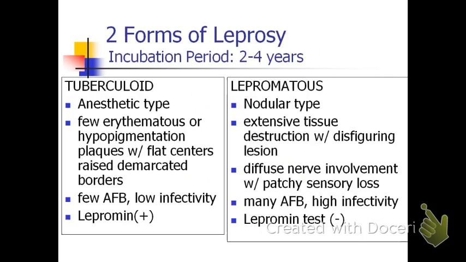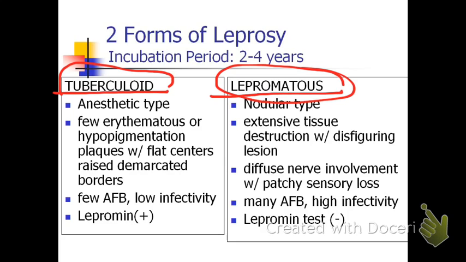There are two forms of leprosy, and being a slow grower, the incubation period would be about 2 to 4 years. Okay, so I will give you time to read the two forms of leprosy and tell me which one you would rather have. Would it be the tuberculoid type or the lepromatous type?